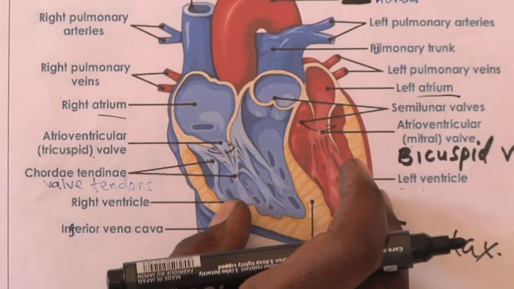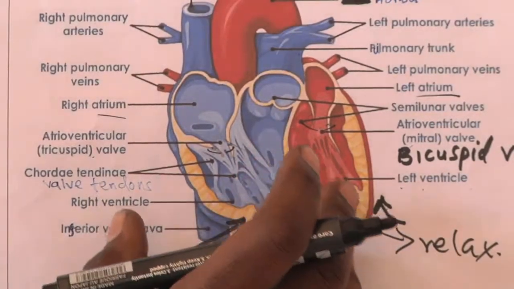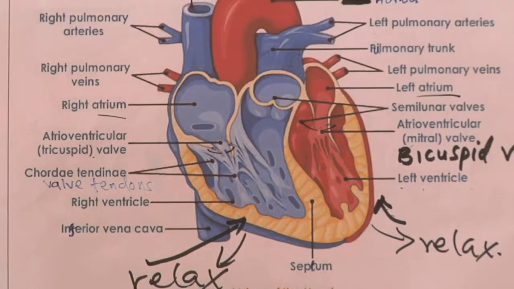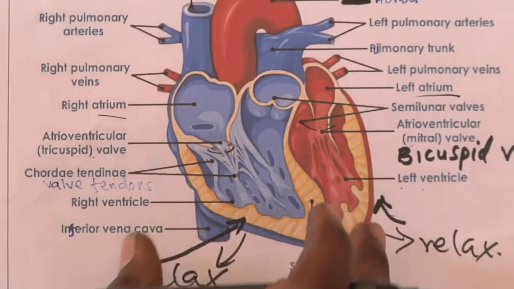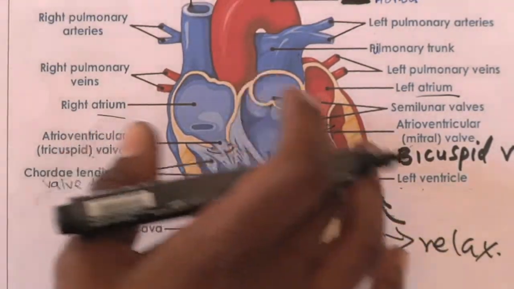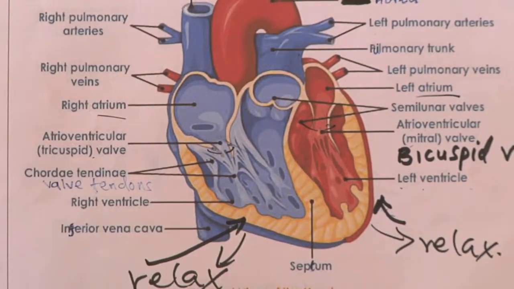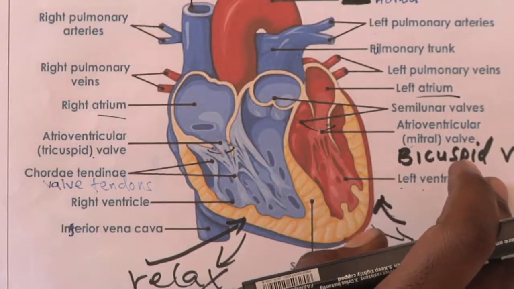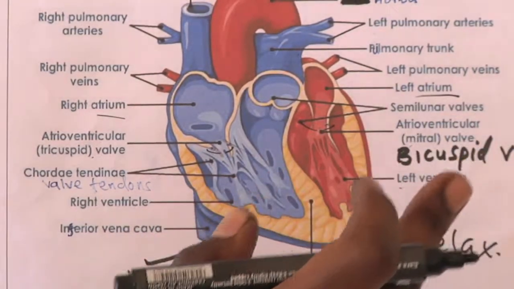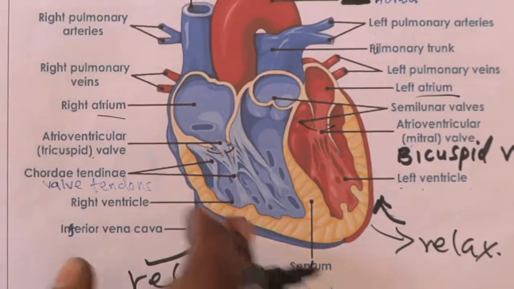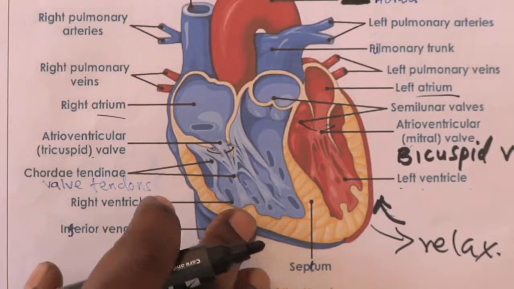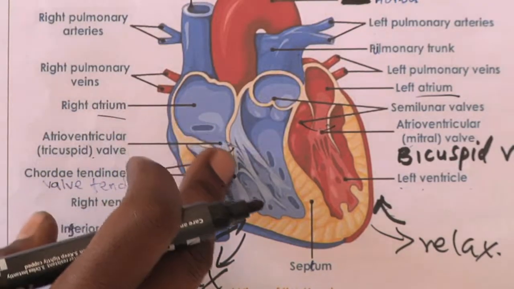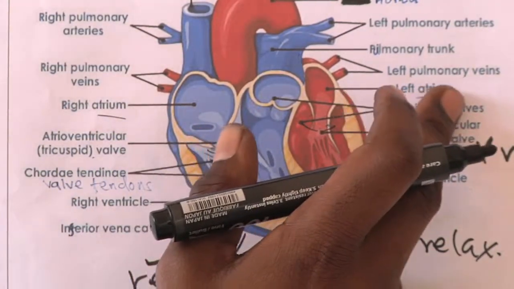So we don't expect the blood that was already pumped out of the ventricles by the heartbeat to flow back into the ventricles. The only blood that we need flowing into the left ventricle and into the right ventricle is blood that is coming from the contracting right auricle and the contracting left auricle.